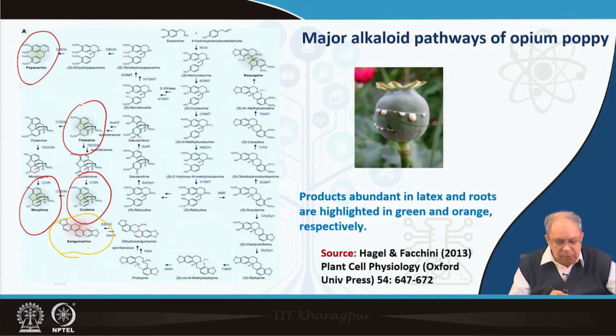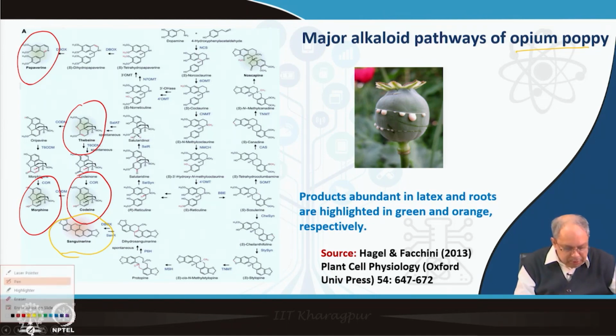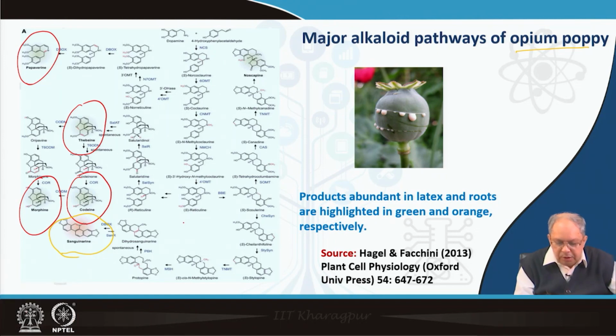So, in the plant, sanguinarine is also produced by opium poppy, and so opium poppy produces a range of alkaloids including morphine, codeine, thebaine, sanguinarine, protopine, everything. And the point here is this reticulin.